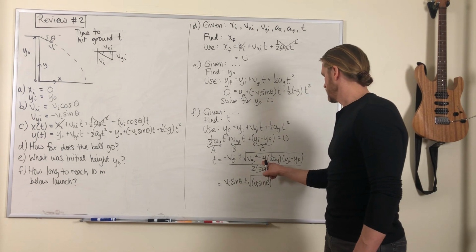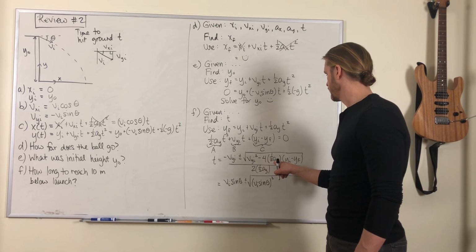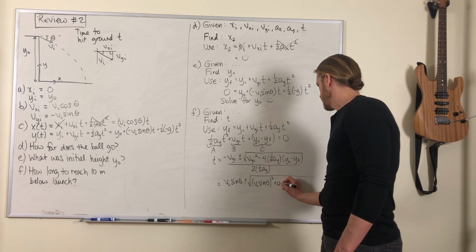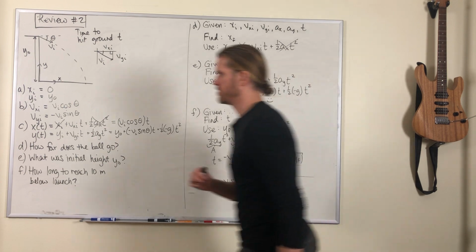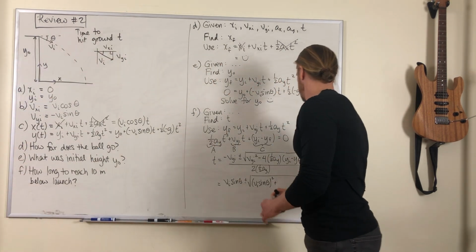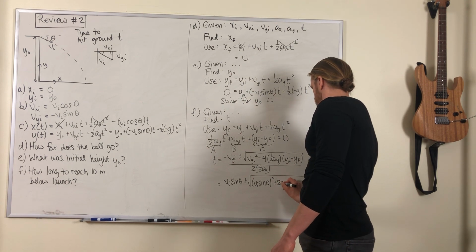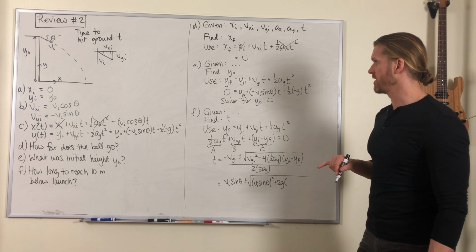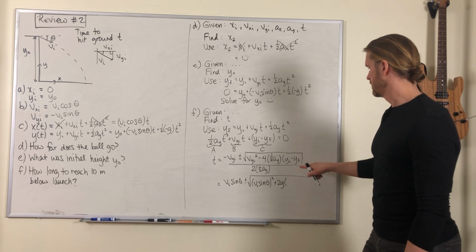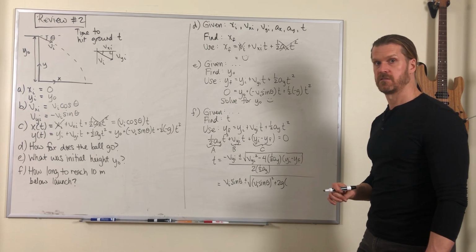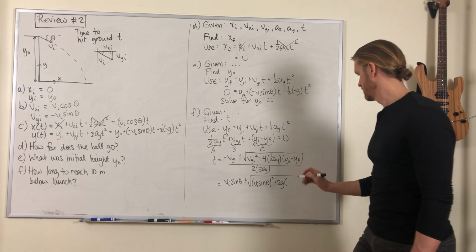And negative 4 times 1/2 is negative 2. A is negative G, plus 2G. Y initial minus Y final is going to be 10 meters.